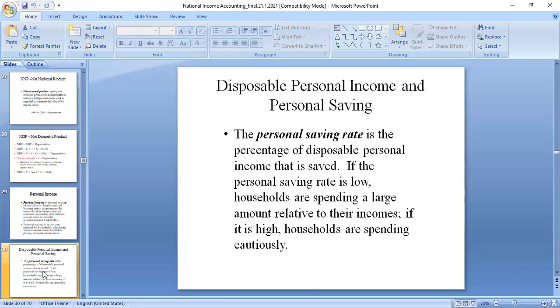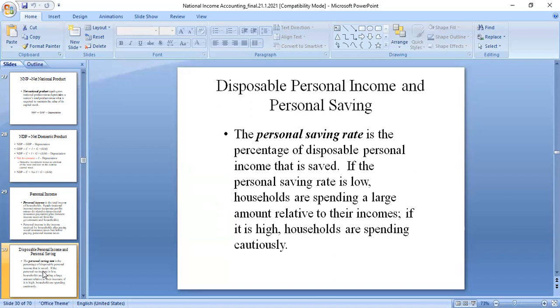Then let's look at disposable personal income and personal saving. The personal savings rate will be that proportion, that percentage of your income. Disposable income will be income after subtracting taxes. So from that income after subtracting taxes, what percentage do you save?